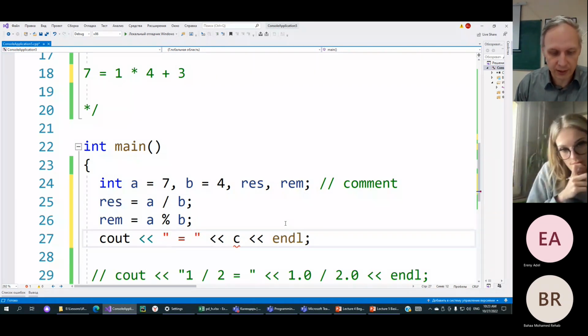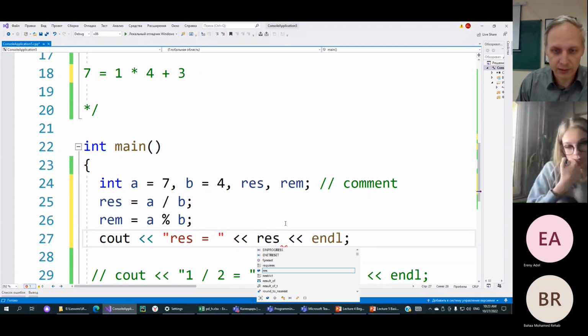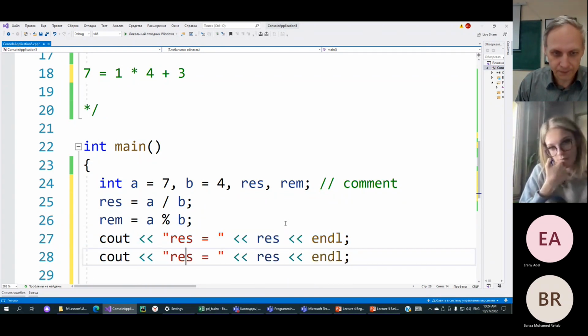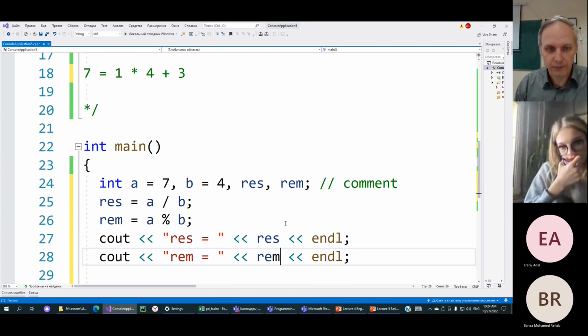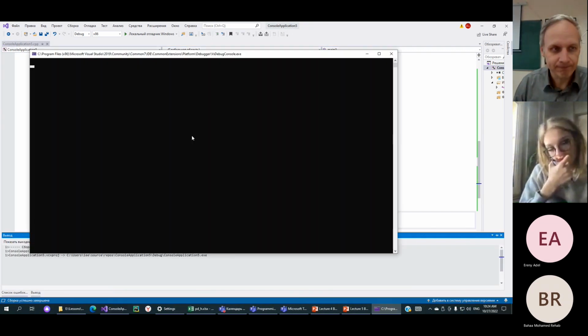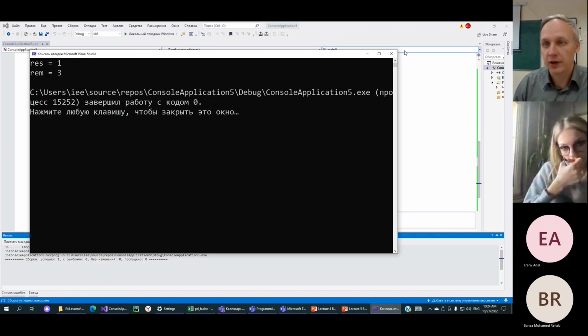In this case, I can output result equals res and remainder equals rem, and 7/4. The result is 1 and the remainder is 3.